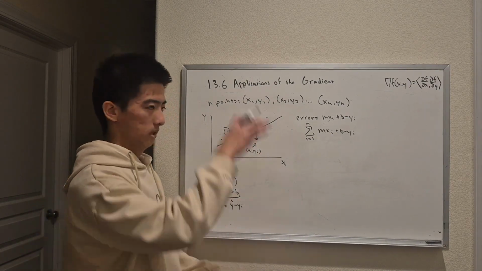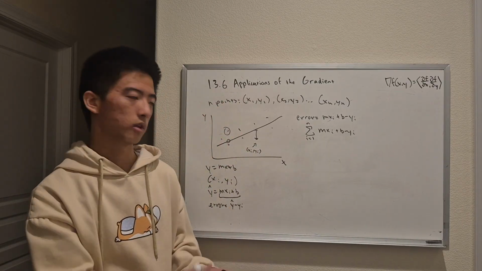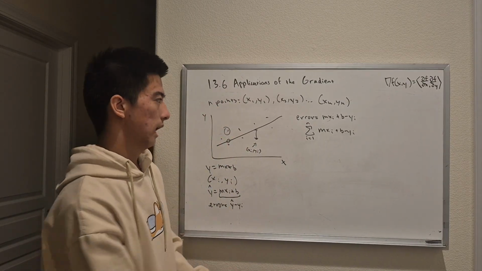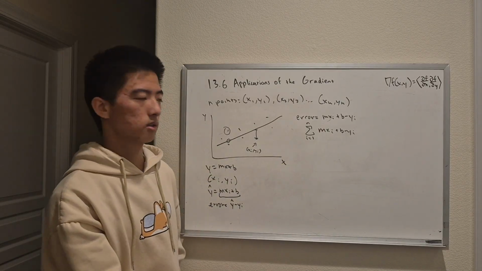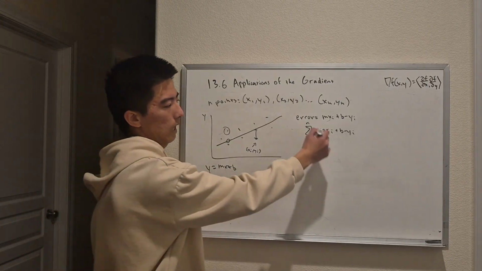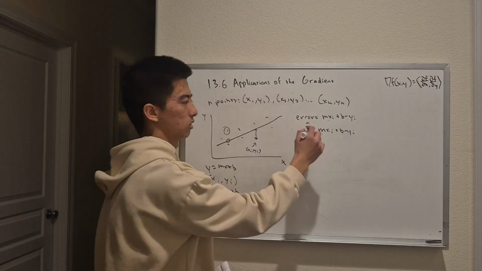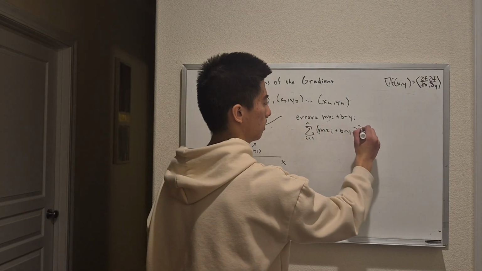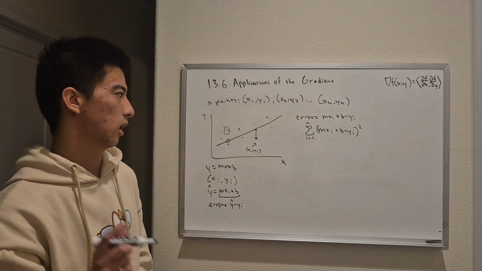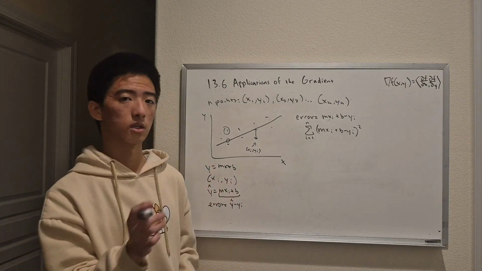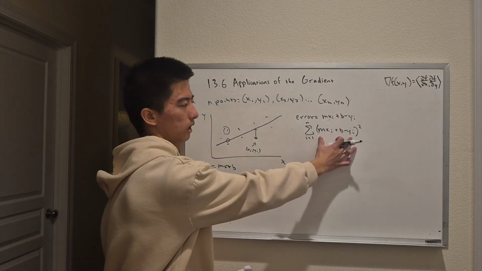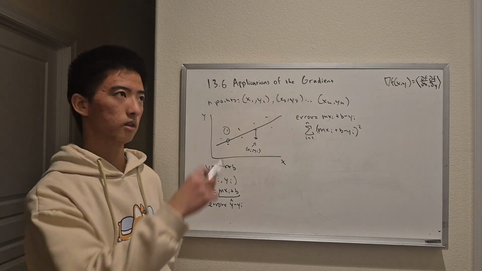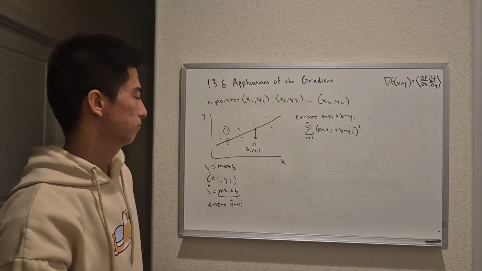And so these errors might cancel out with each other, which is not what we want. So how do we make this term always positive? There's two ways. One, you could take the absolute value of this. Two, you could take the square of this. And I will do the square, the main reason being, as you'll see in a bit, that the derivative of this squared is a lot easier to find than the derivative of an absolute value of x.